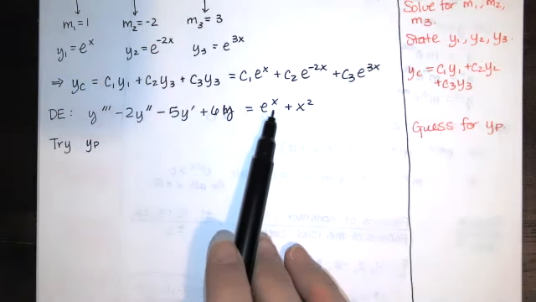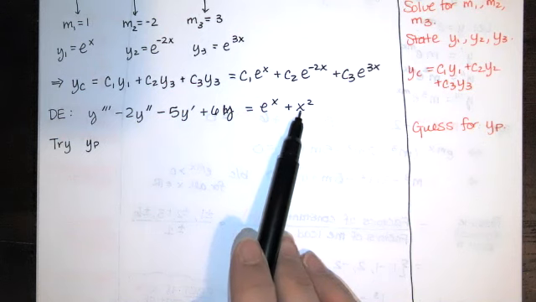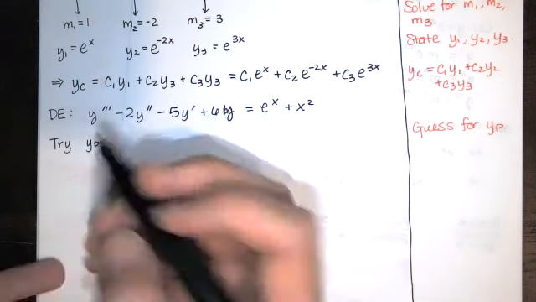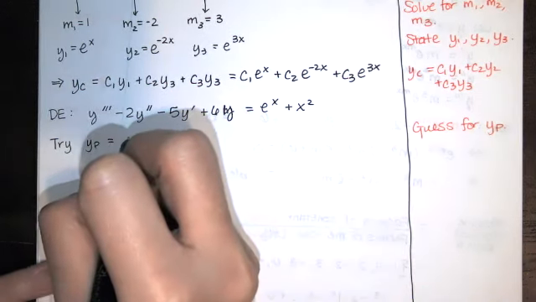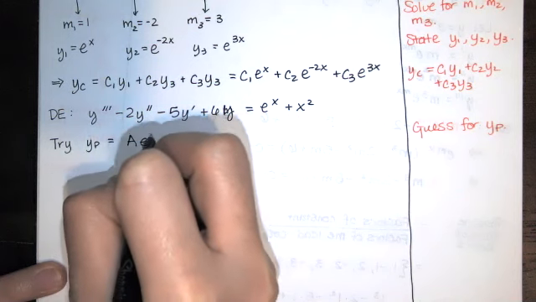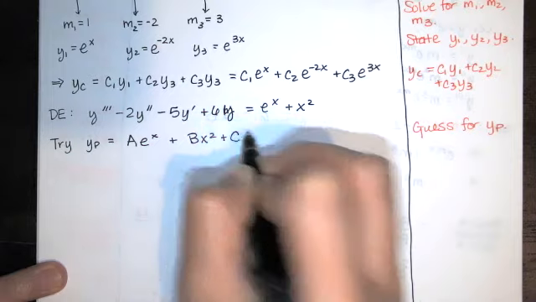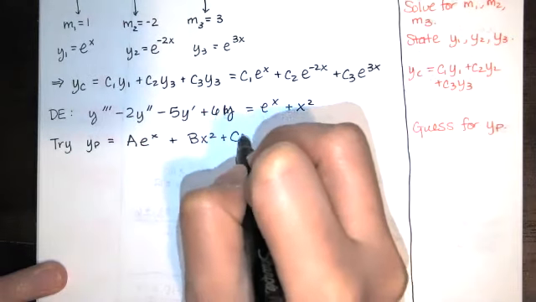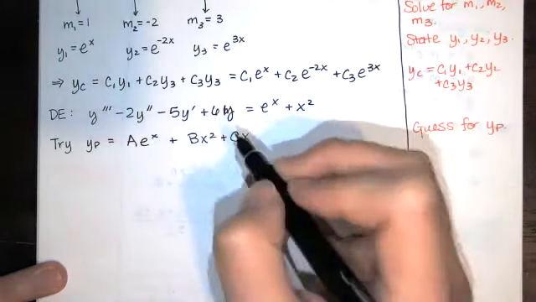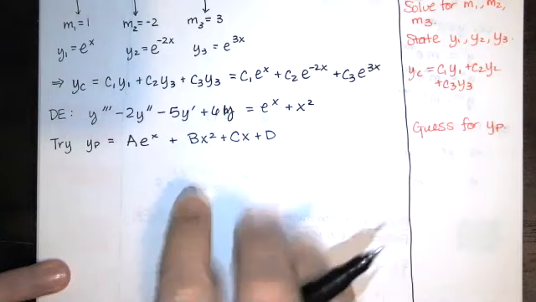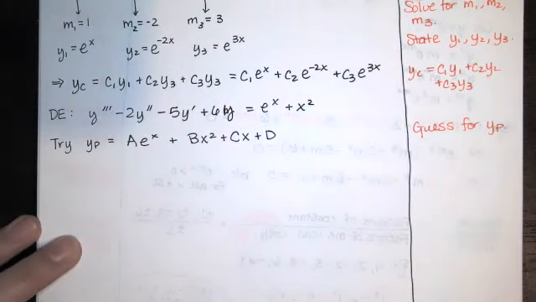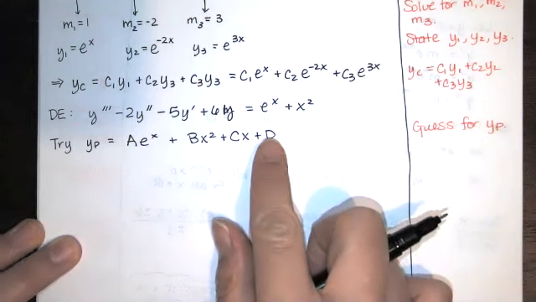So I've got an exponential function plus a second degree polynomial. So I would guess a constant times an exponential function plus a second degree polynomial. And you don't want just a b times x squared. You want bx squared plus cx plus d. You want the most general second degree polynomial you can find, and that's this one.